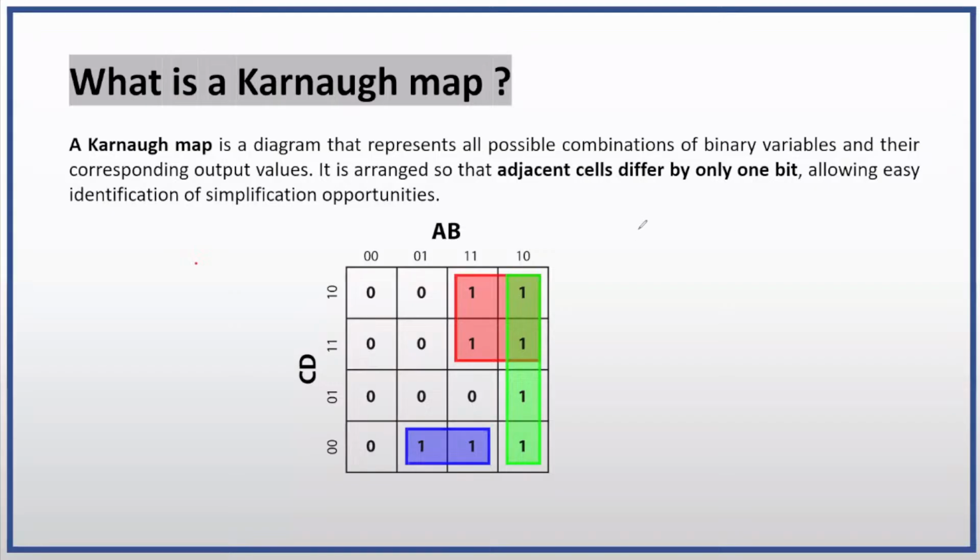So normally, in a truth table, we have rows. So there are the inputs A.